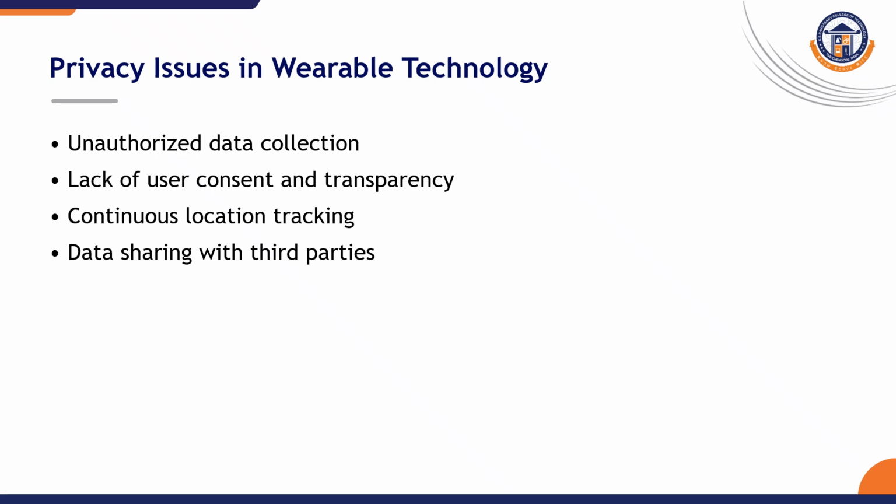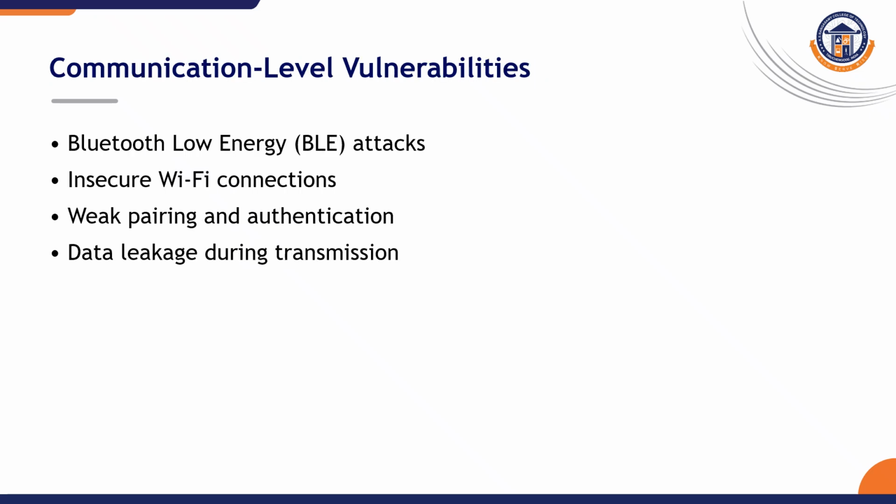There is also data sharing with third parties, where collected data may be misused by them. Some of the privacy issues in wearable technologies are listed here, along with communication-level vulnerabilities.